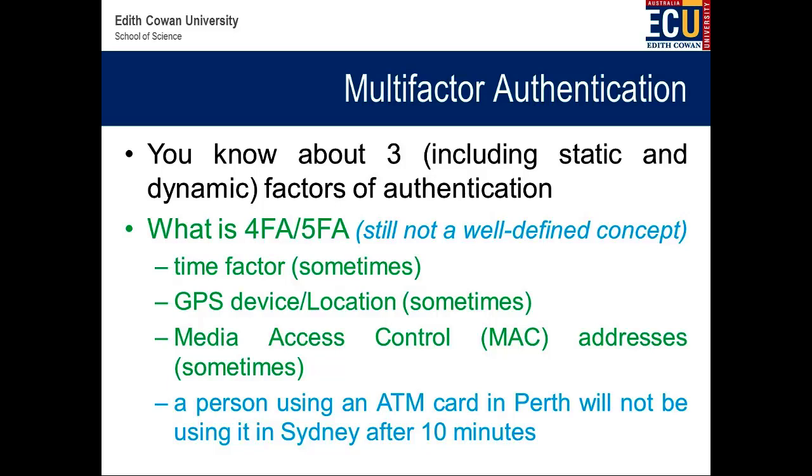So as soon as the bank sees that a person has used the ATM services in Perth and after some time, 10 minutes, 30 minutes, the same mechanism has been used to take out money from Sydney, they will come to know that there's a problem with this bank account and this ATM card. Something has been compromised.